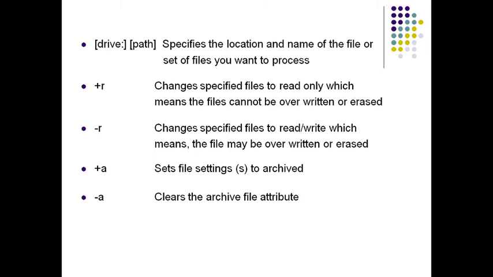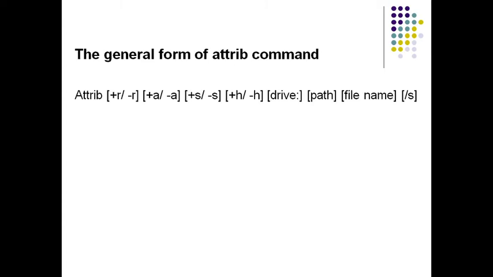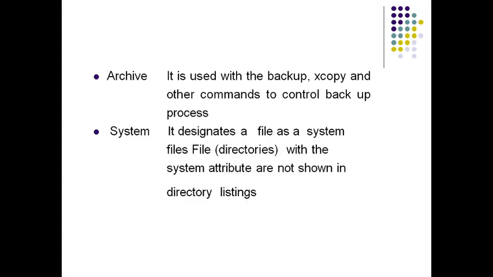Plus A sets file settings to archived. So what is the meaning of archived? We have seen, students, that it is used with backup, xcopy and other commands to control the backup process. Archive is used to control the backup process.